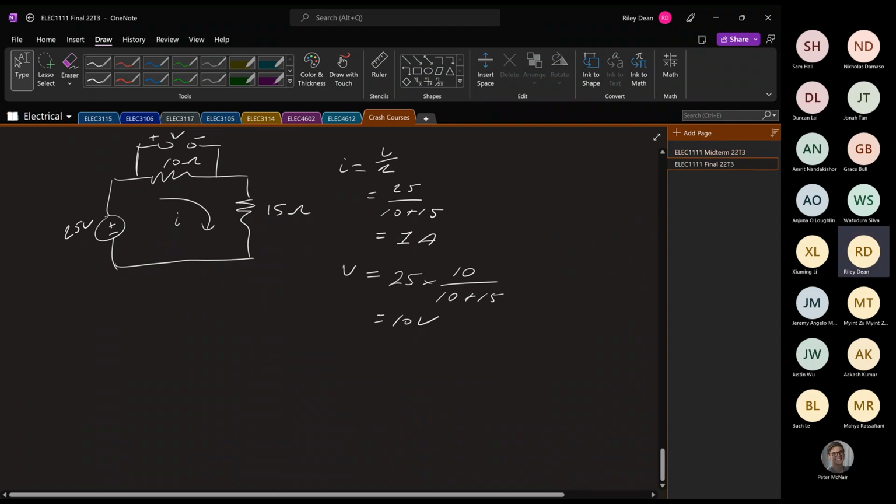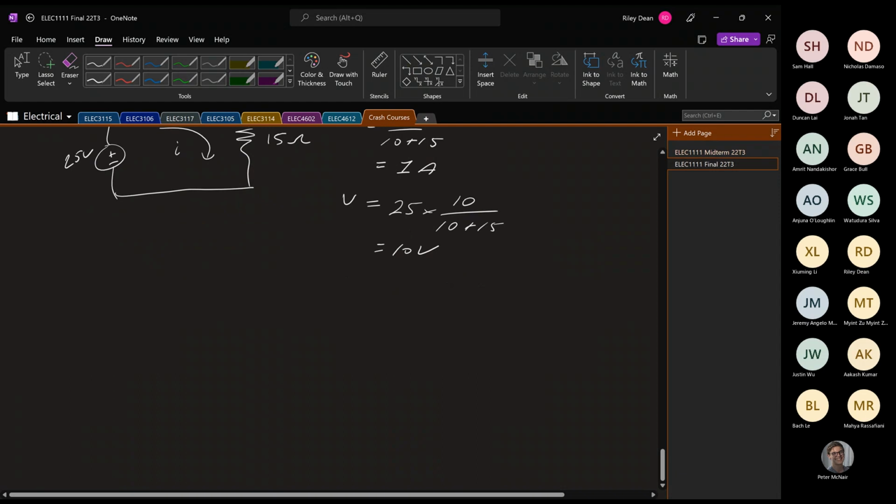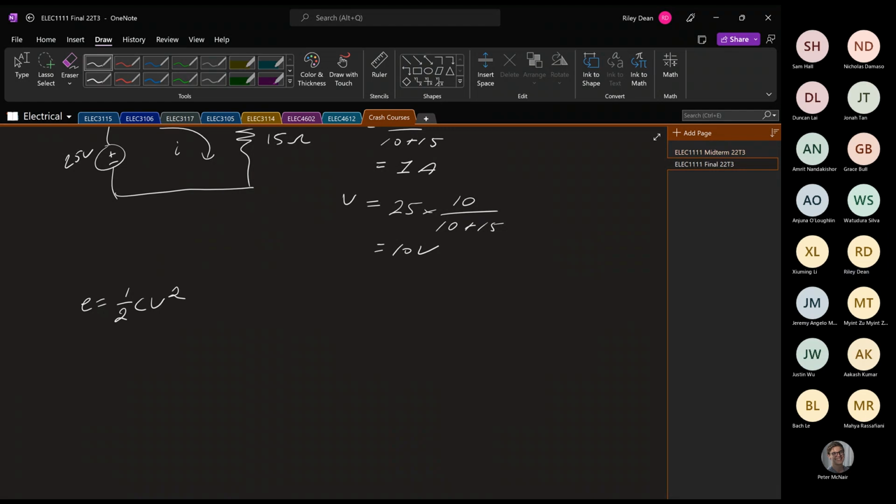Now, the last thing to notice is that for energy, we get E equals half C V squared. This is a unique equation for a capacitor, and the inductor has a similar one.